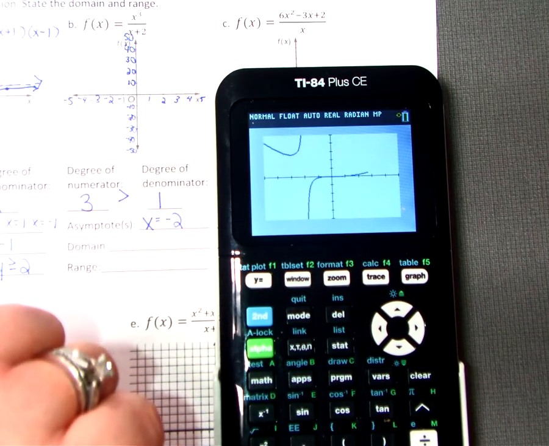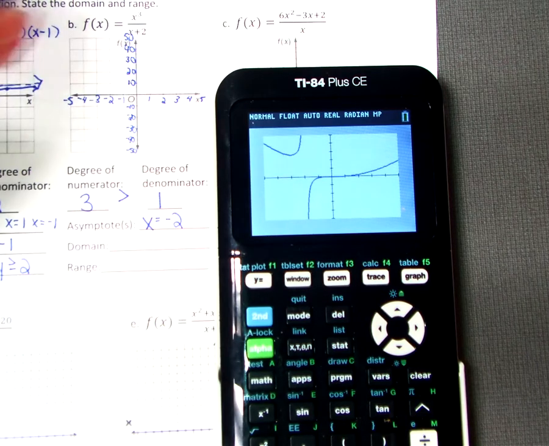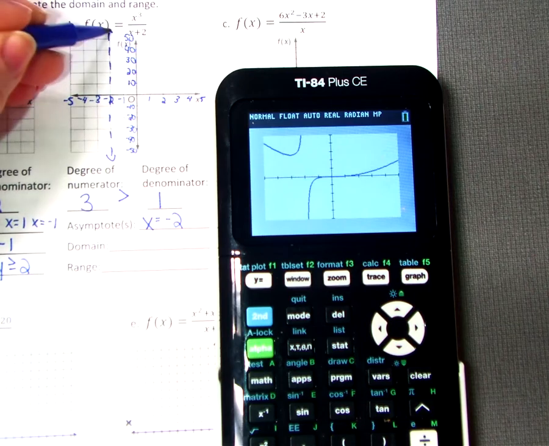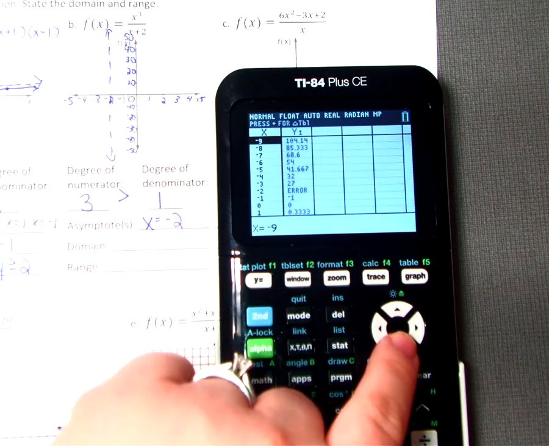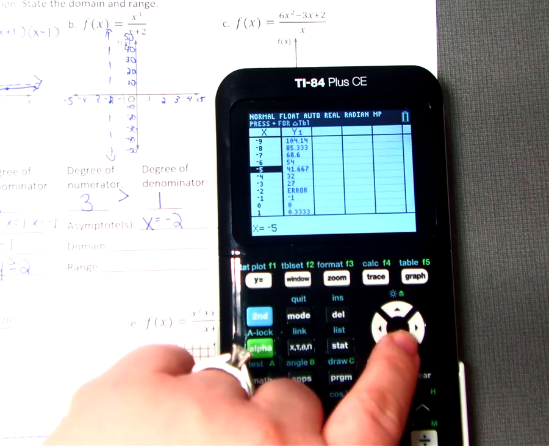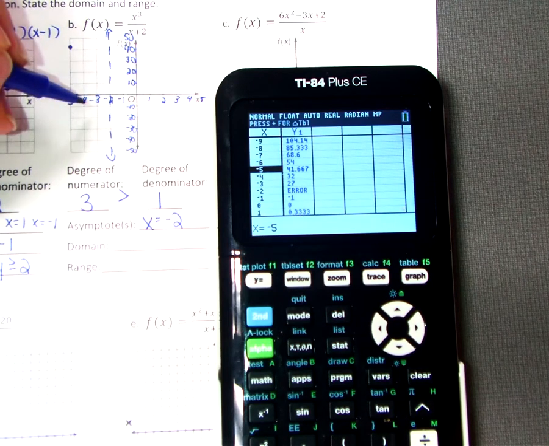this is exactly what mine should look like when I'm done plotting. So I have x is equal to negative 2 as my asymptote. And then I can plot some points. At negative 5, it's at 41.6 repeating. Negative 4, it's at 32.